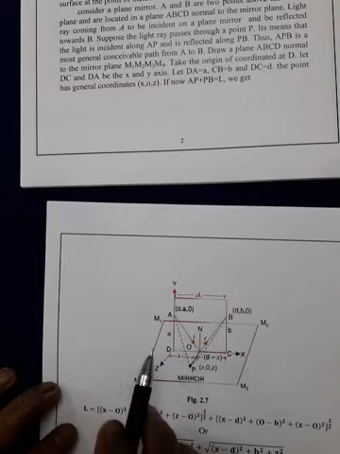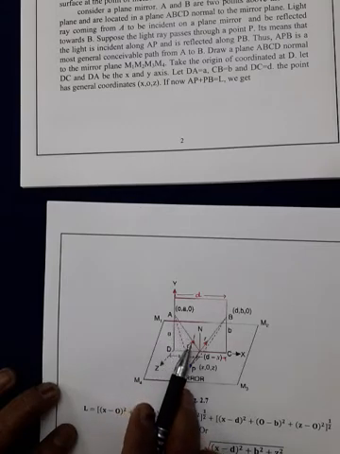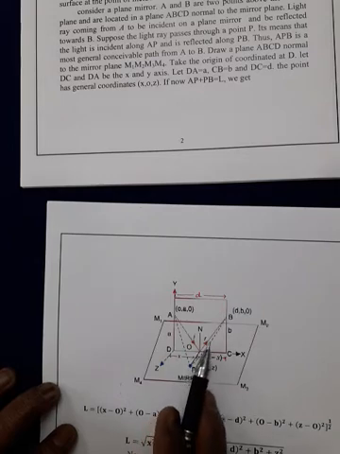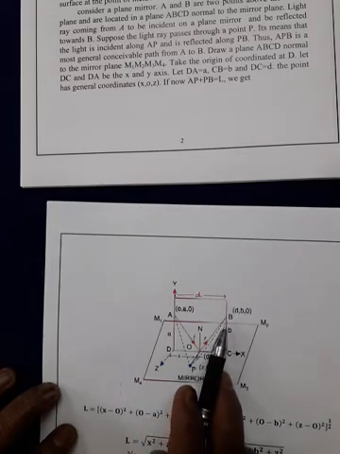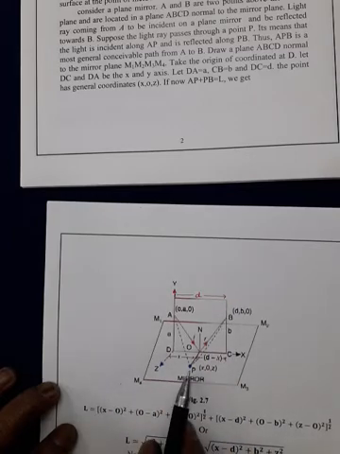Light ray coming from A is incident on a plane mirror and reflected towards B. Suppose the light ray passes through a point, say P, here.